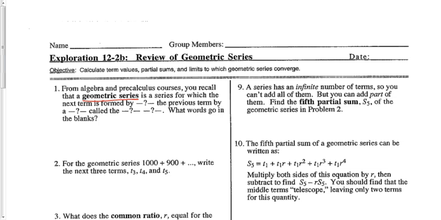So for the first blank, I'm going to call that one green.